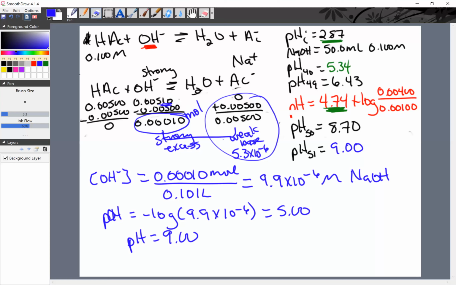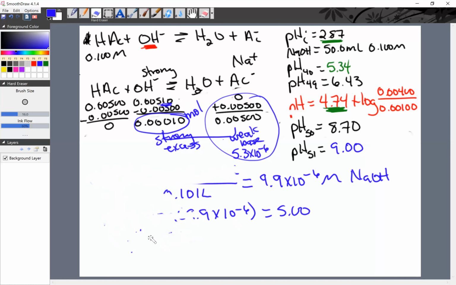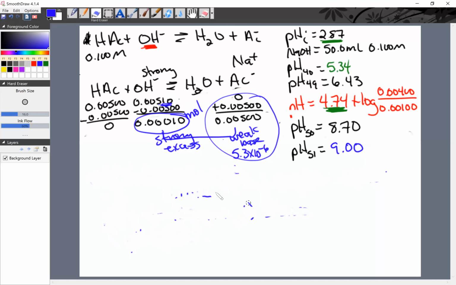Okay, before I erase everything on this page, we're going to do a little graph. See what in the world is going on. On the Y, I'm going to put the pH.